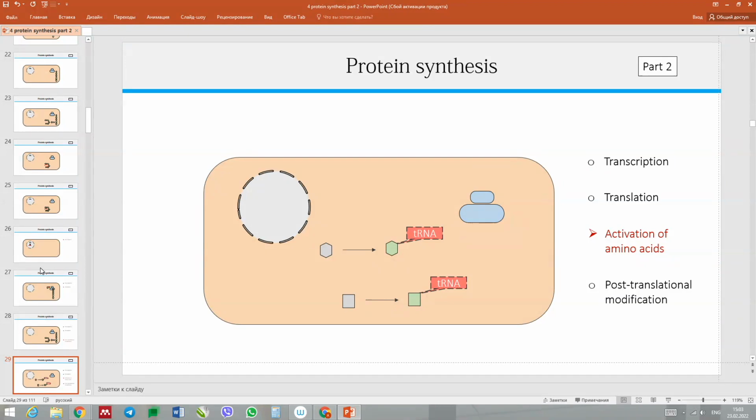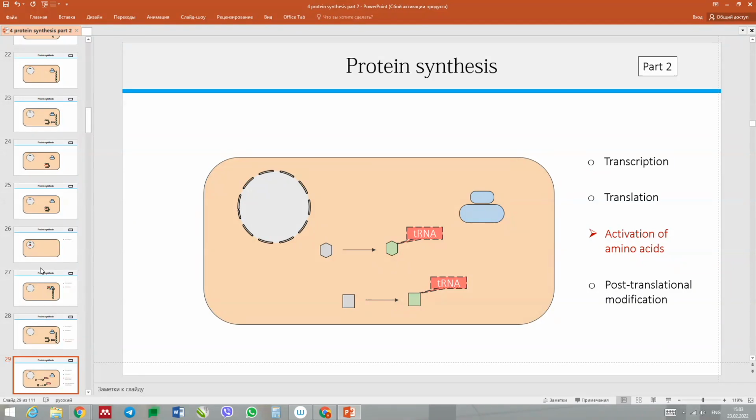However, you know that proteins are synthesized with the help of ribosomes, and this means that you need a special transport system that will bring amino acids from the cytoplasm to the ribosome. And this transport system that is necessary to move building blocks of the protein into the ribosome is called transport RNA.